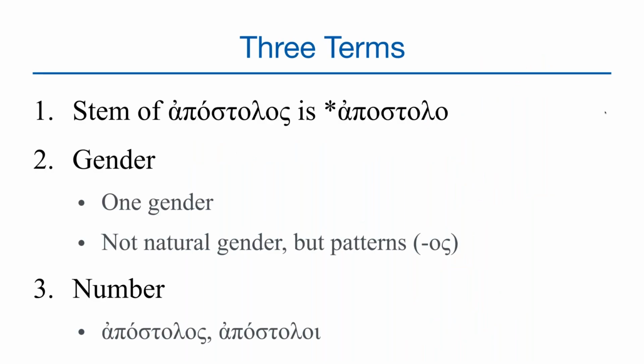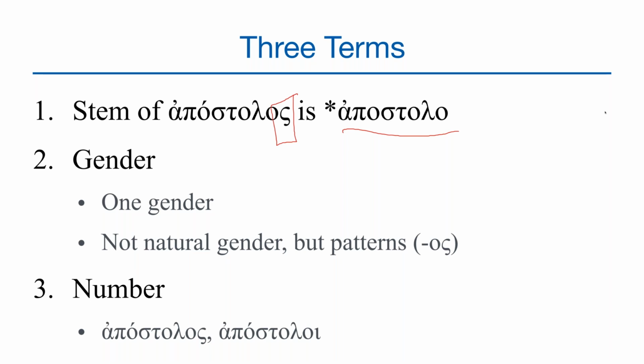All right. So there's 3 main terms that we need to go over to understand this. So the first one is a stem. A stem is the part of the word that carries the meaning of the word. Okay? So you can see here, the stem of apostolos is apostolo. You drop out the ending, and that leaves you with the stem.